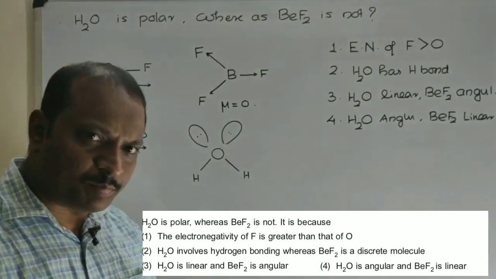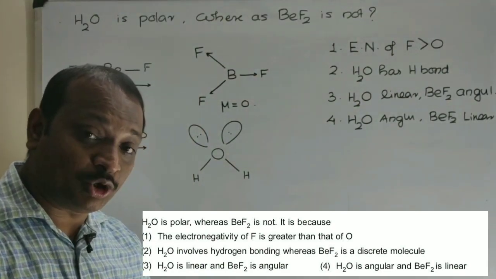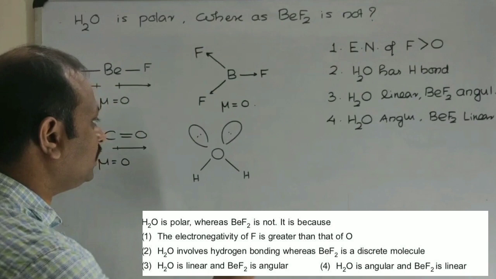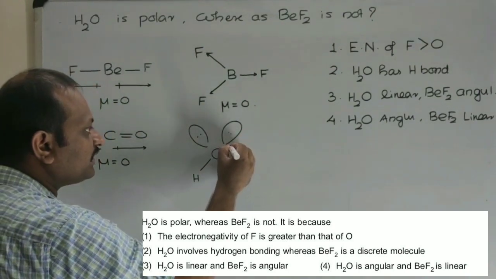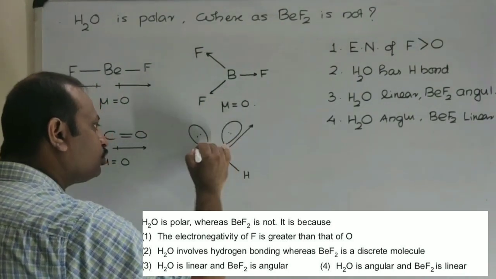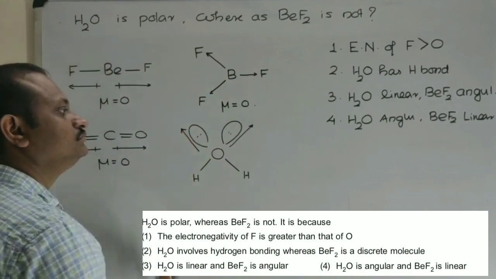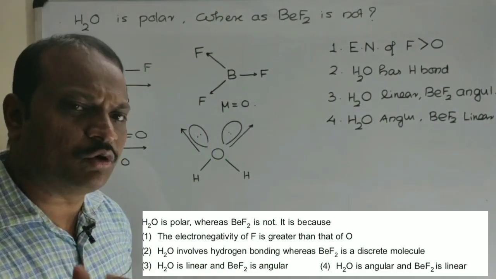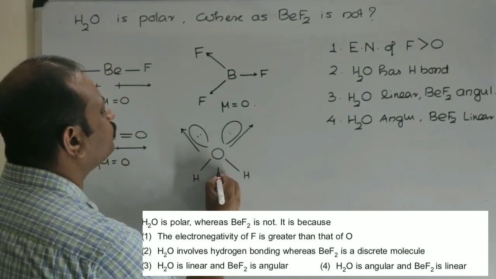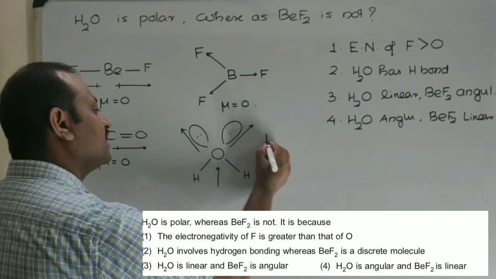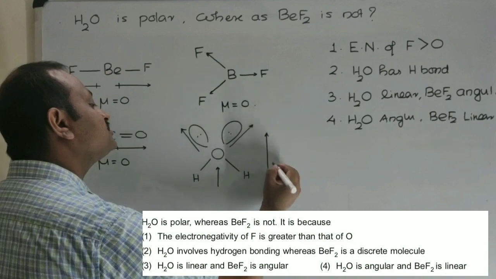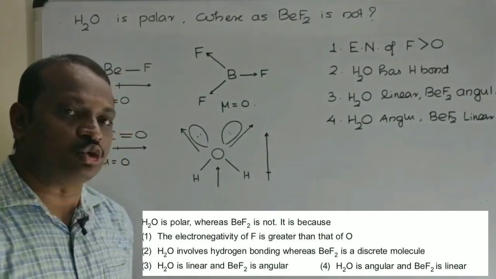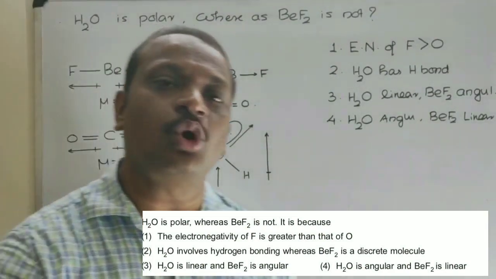You know that lone pair dipole is always tending away from the central atom. So here these two lone pairs are pulling the electron to that side, isn't it? And between hydrogen and oxygen, who is more electronegative? Oxygen. So it pulls totally in the upward direction. Here the dipoles are in the same direction, so they are getting added to each other, so it is not getting cancelled.